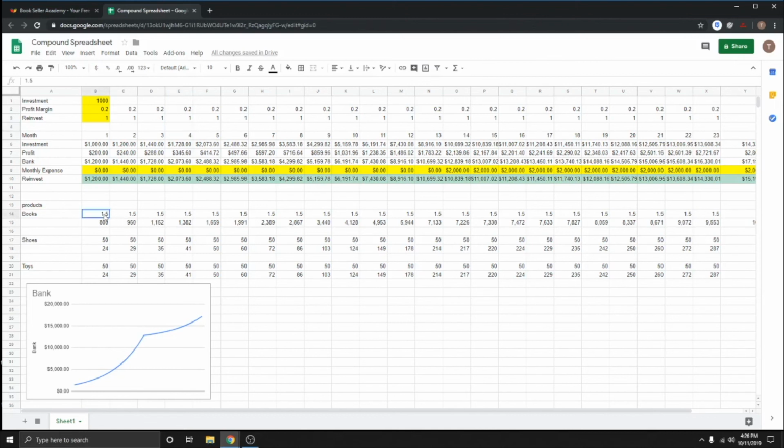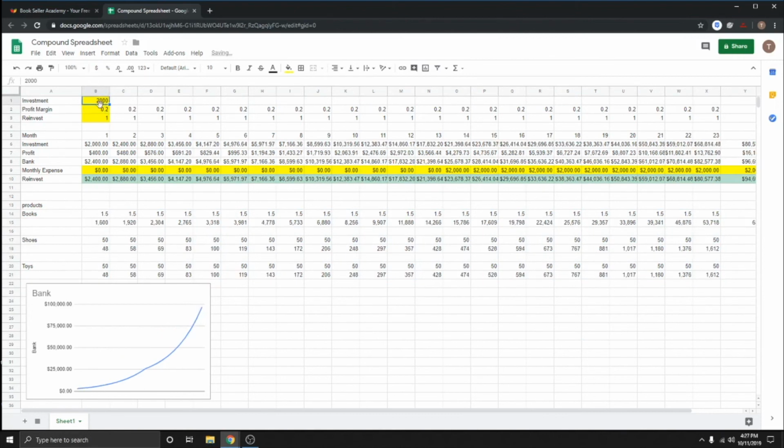It should give you some insight into how much inventory you need to store or buy, and how important it is to invest into your business, especially if you have a really good initial investment. Right now, look at that. That's a $2,000 investment. And using this formula, and working for free for a year, looks like you'll be profitable.